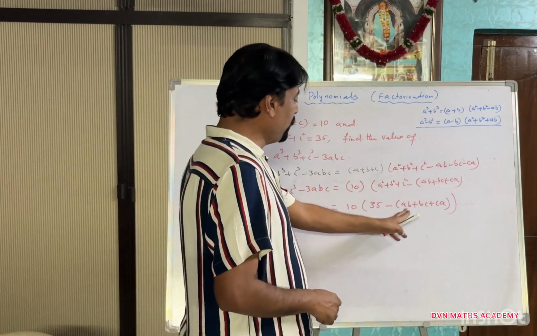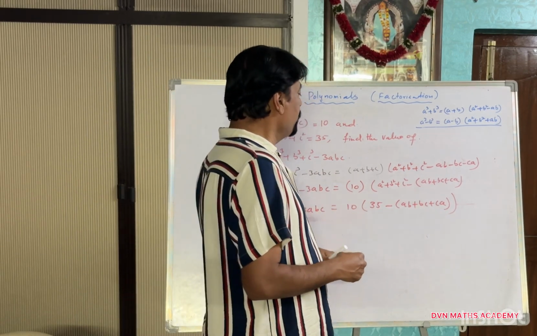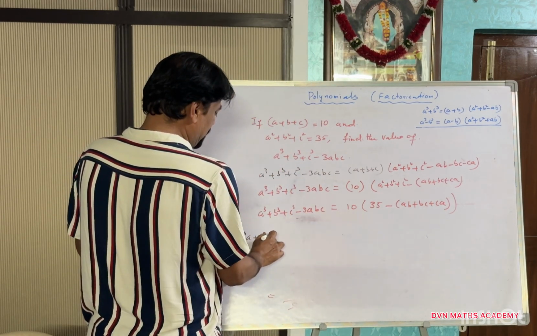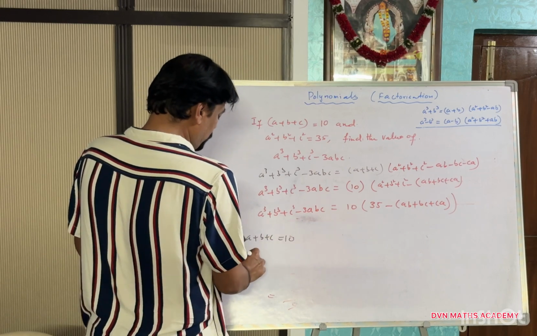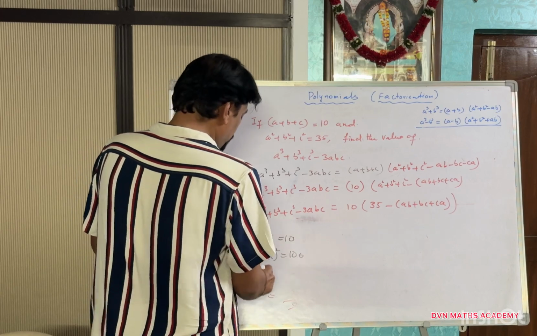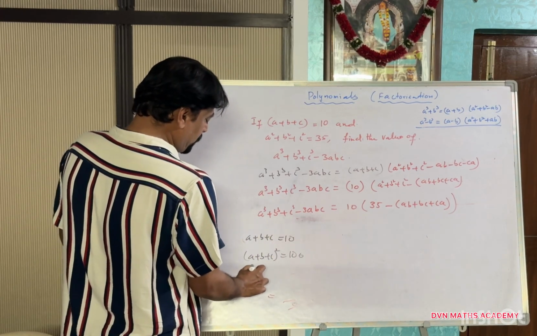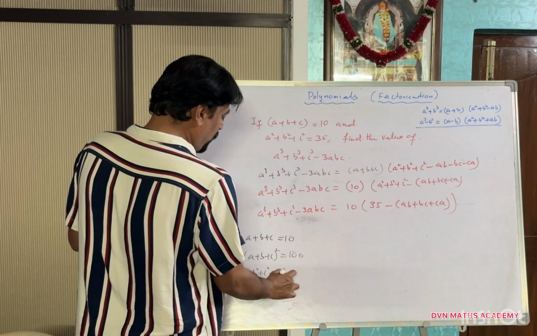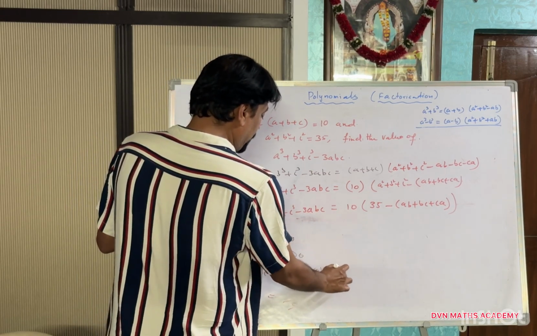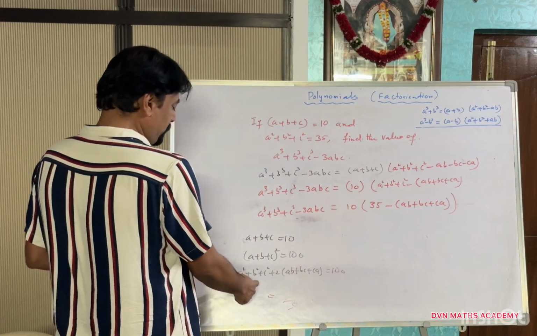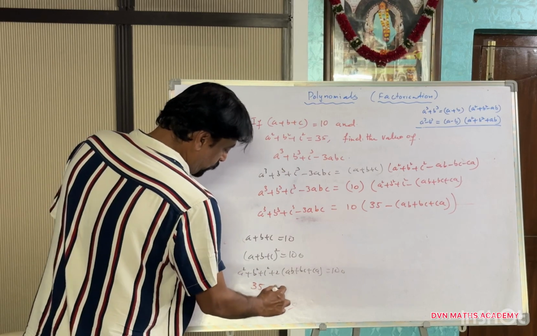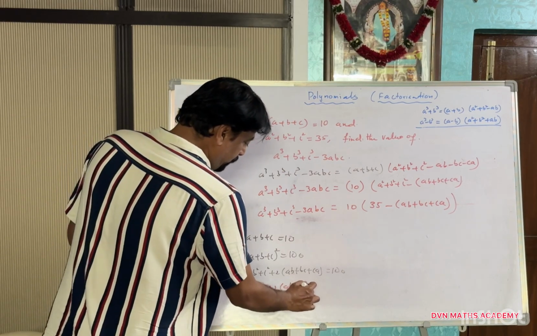But we are required to find the value of AB plus BC plus CA. We can get that value from what is given, that A plus B plus C is equal to 10. So squaring on both sides, A plus B plus C whole square is equal to 100. So it becomes A square plus B square plus C square plus 2 of AB plus BC plus CA is equal to 100. This A square plus B square plus C square is 35 as given, plus 2 into AB plus BC plus CA.